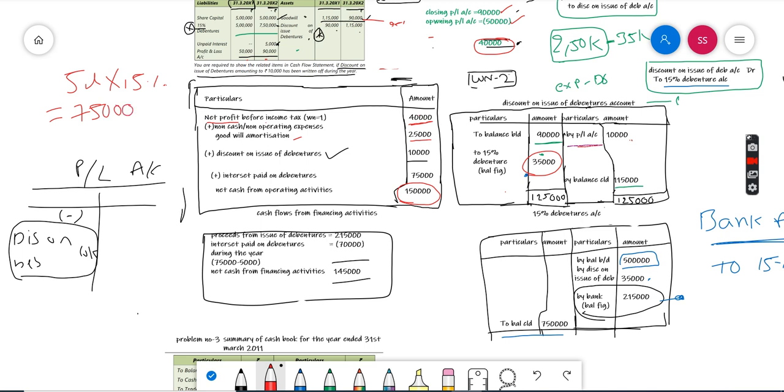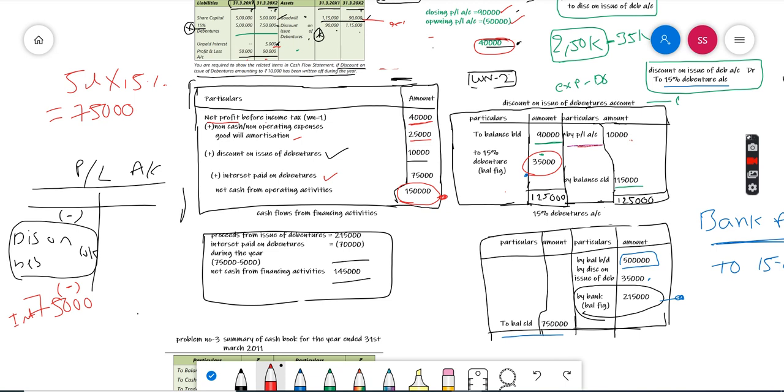We haven't paid 5,000, but in P&L account it doesn't matter how much interest you paid, you will write the total 75,000 you have incurred as interest. Paid or unpaid, you would have debited the 75,000. So that's why we will add back that 75,000 here. Then if you do all those things, you will get the net cash from operating activities, right?